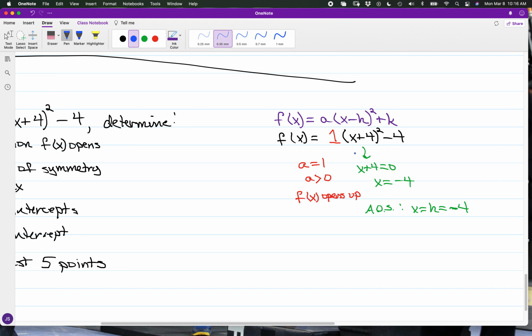And for the k value, since we have subtraction at the end, k is equal to -4. So for the vertex h, k, h is at -4, and so is k.